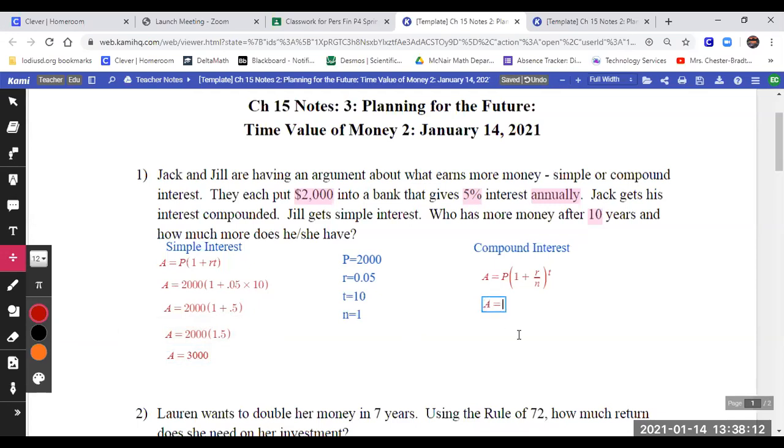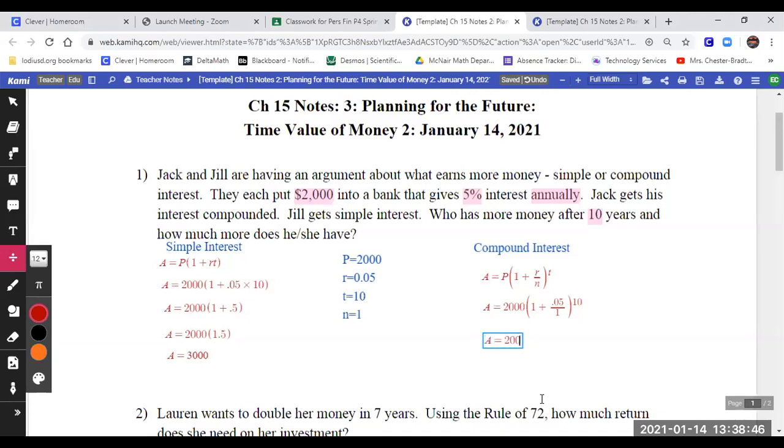Our accumulated is equal to our 2,000 principal times 1 plus 0.05 divided by 1. I'm just putting in everything I know from my numbers. I put everything into the formula and then start solving. I can combine the 1 plus 0.05 because dividing by 1 doesn't change anything.